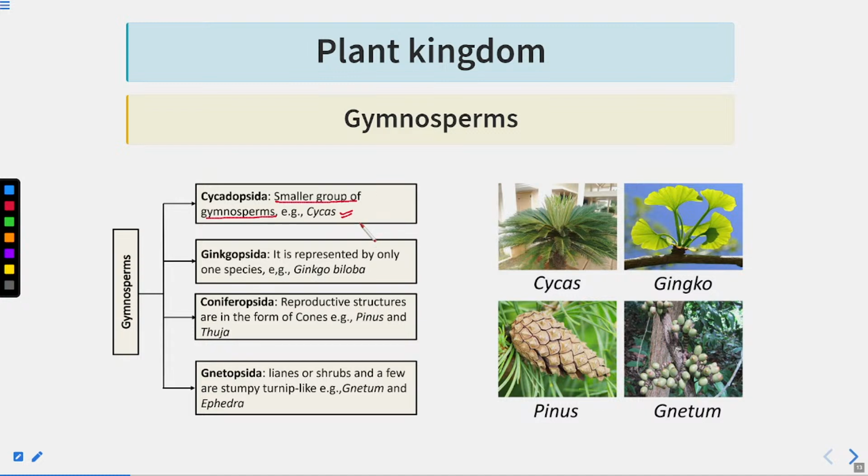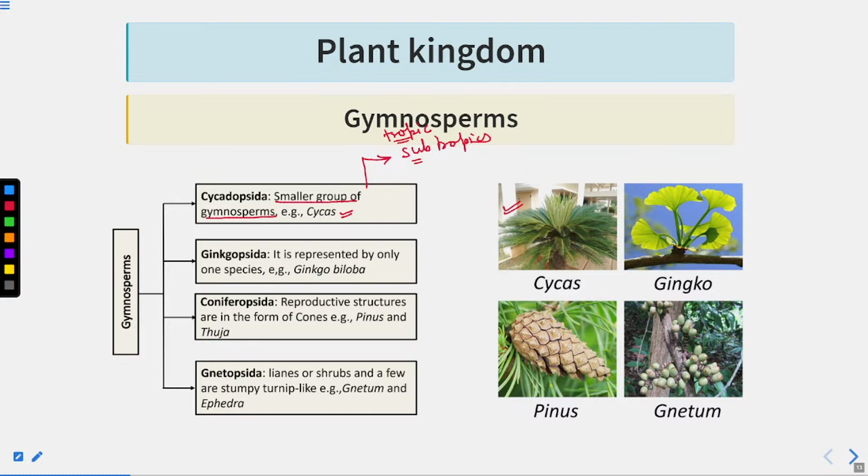If we talk about the characteristics of this, then they are usually found in the tropics and subtropics. Where are they found? They are found in the subtropics and also in the tropics, right? In the tropical and subtropical region. And some members have adapted to dry arid conditions, right?